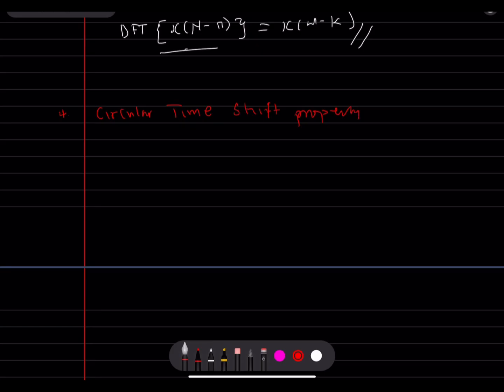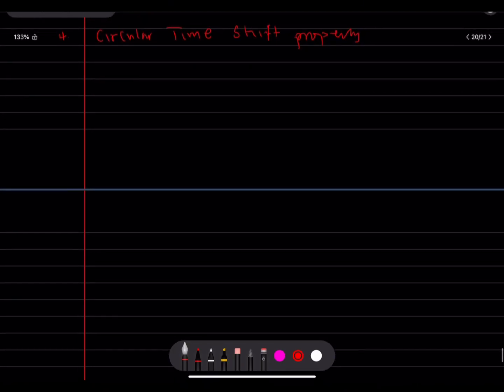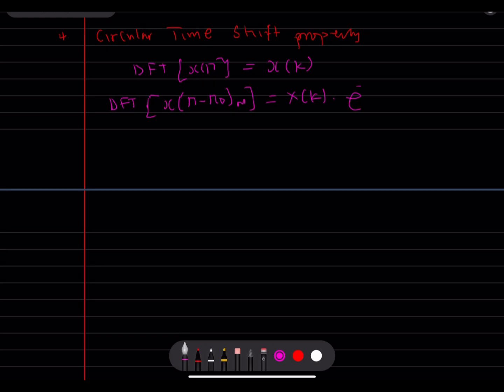For the circular time shift property, it states that if the DFT of x of n is equal to x of k, as we already know, then the DFT of x of (n minus n naught) is equal to x of k multiplied by the exponent of negative j 2 pi k n naught over N.